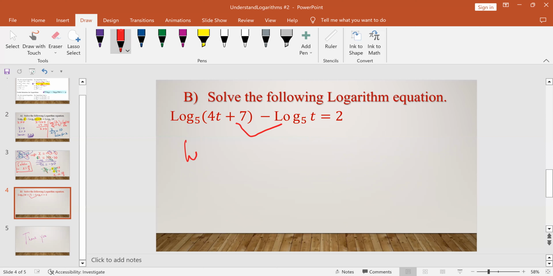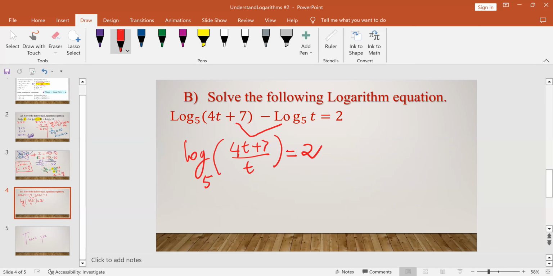So we're going to have a log of 40 plus 7 divided by t with base 5 is equal to 2. So we use a product property to rewrite the two logs.